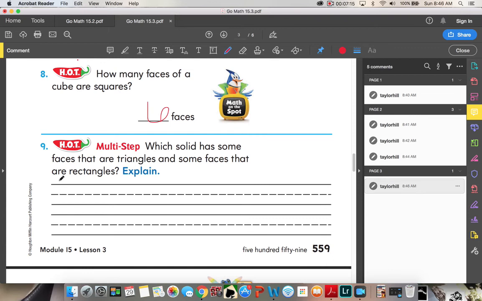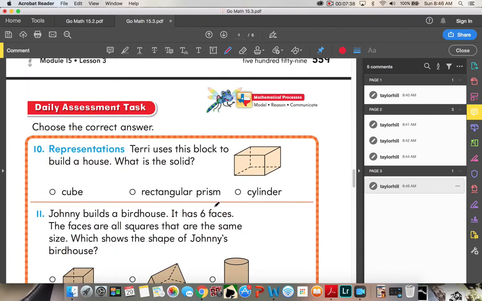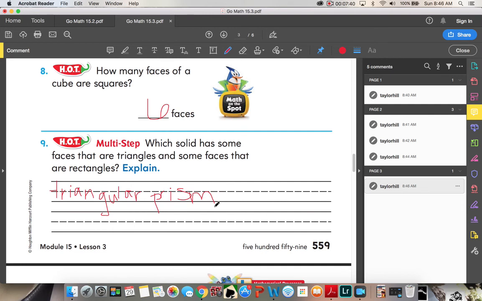That would be the triangular prism. Okay. All right. Explain. So explain the fact that there are 2 triangle faces and 3 rectangular faces.